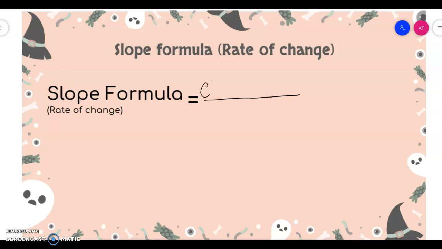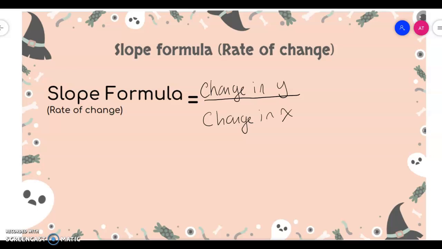It says the change in y over the change in x. That means the change from one y to the next over the change from one x to another x.